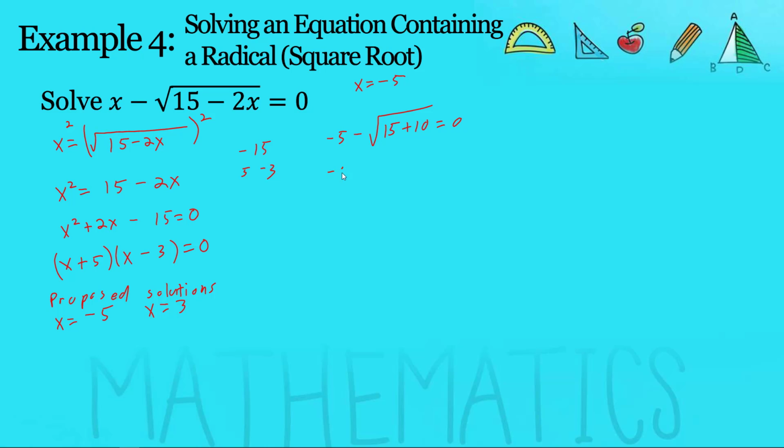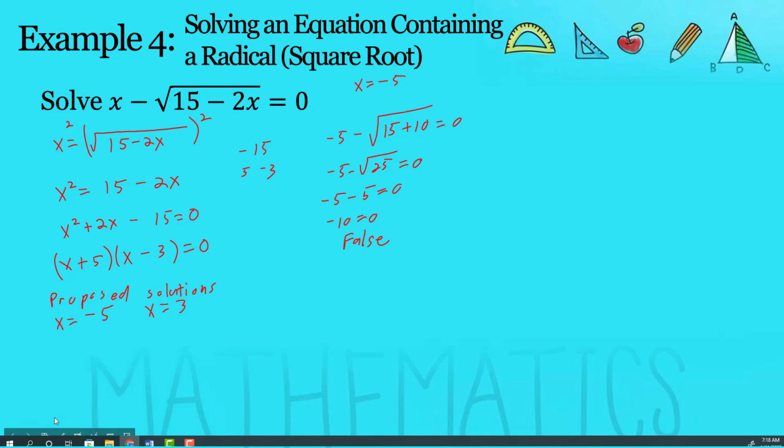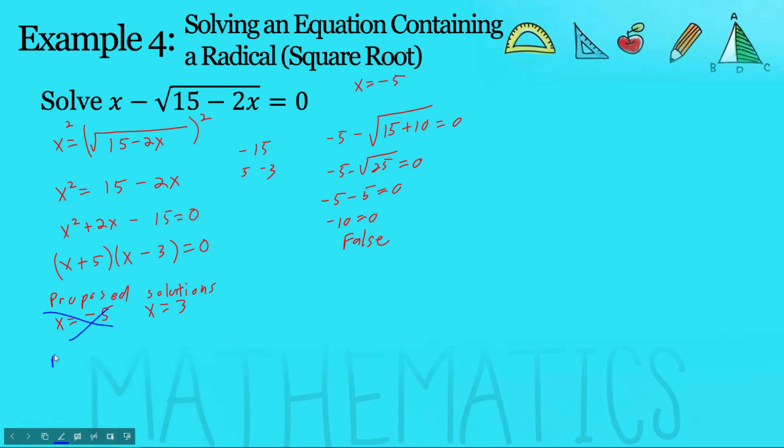Of course, that's going to be negative 5 minus the square root of 25, which is equal to 0. That'll be negative 5 minus 5 is equal to 0, which reduces to negative 10 being equal to 0, which is false. So as a consequence, x equals negative 5 needs to be excluded.